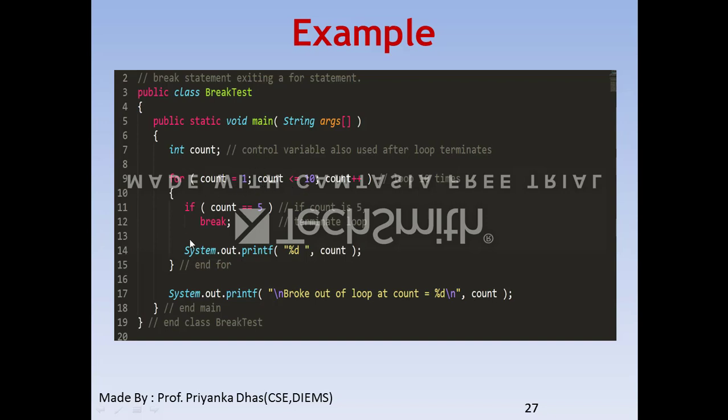But now I want to exit from this for loop if count is equal to 5. In this scenario, once count equal to 5 is reached, this loop statement will break and control will be given to the next line of code, that is, "broke out of the loop at count".